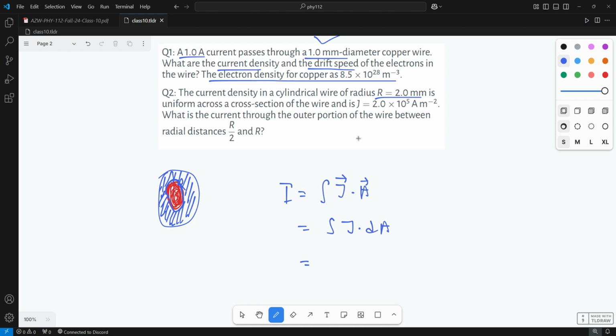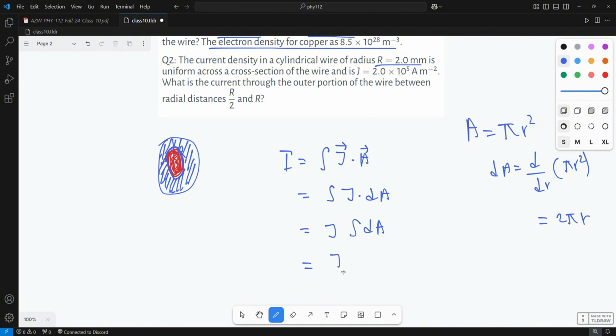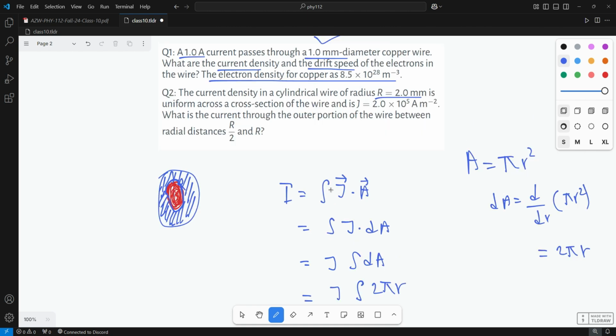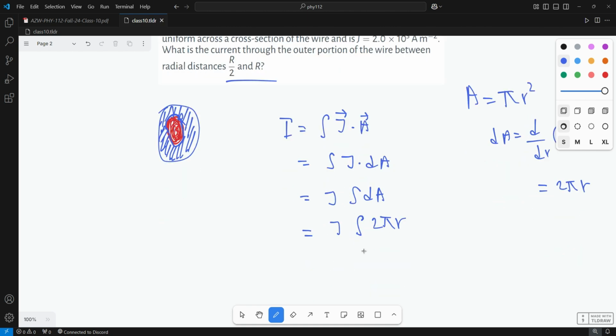As j is constant, we can bring out j and integrate dA. We know A equals to pi r squared, so dA is equal to d/dr of pi r squared, which will give us 2 pi r. So we can just substitute this and now we can place the limits over here.